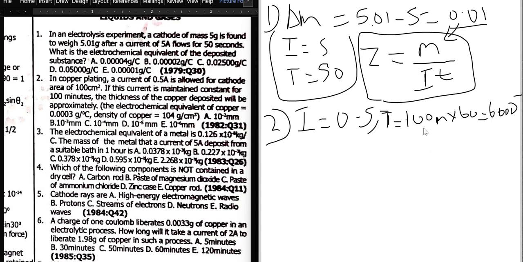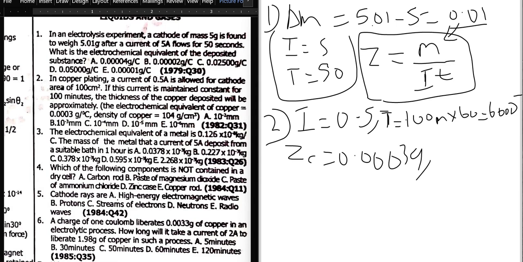All right, 6,000 seconds. That's what we use there. Then the next one is our electrochemical equivalent for copper, which is 0.0003 g.